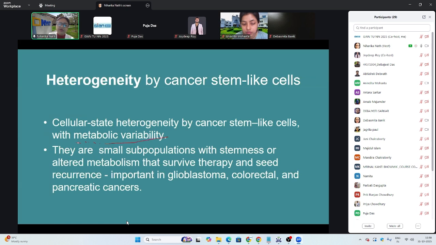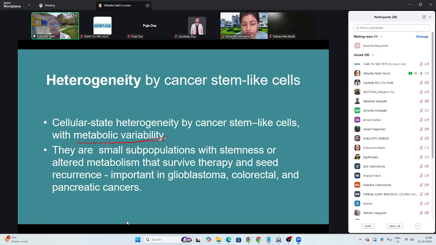Some of them can grow fast, some of them grow slow. They have a lot of variability. And so if one of those tumor cells is like a stem cell, a cancer stem cell, then they will start to make different kinds of cells.